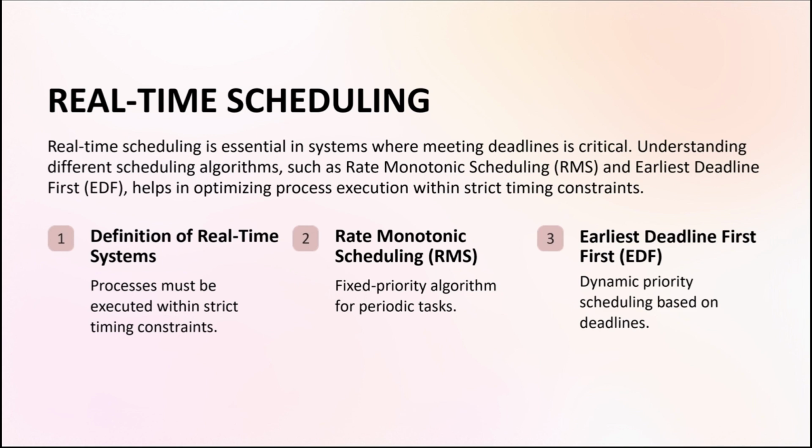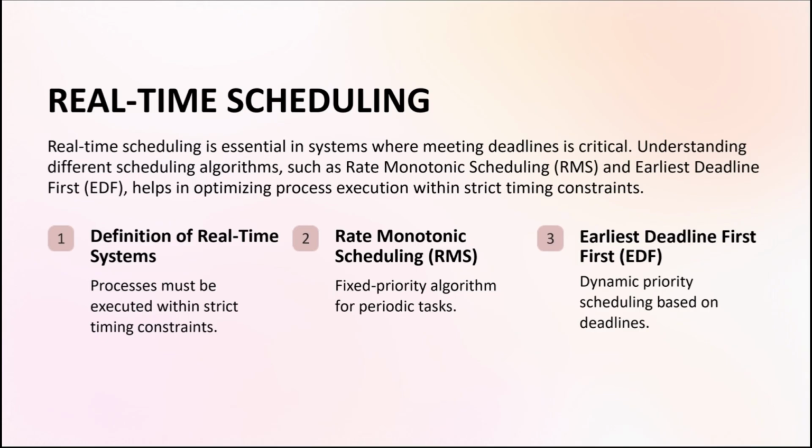The first one runs for 5 meters per second. The second one runs for 8 meters per second. The RMS is going to prioritize the first one that runs for 5 meters per second, because that one is going to finish fast. The rate is faster, so it prioritizes the first one.